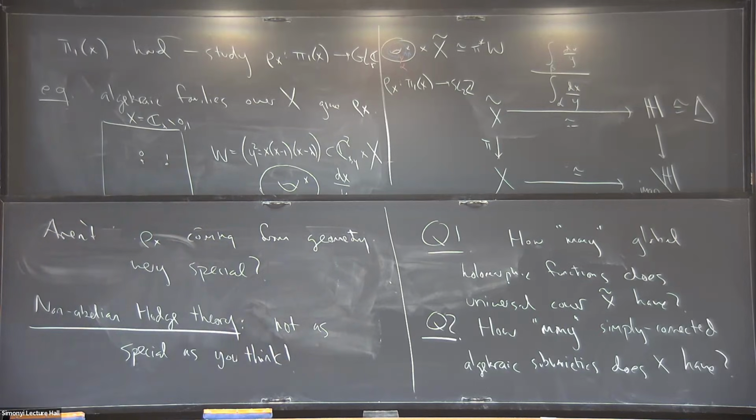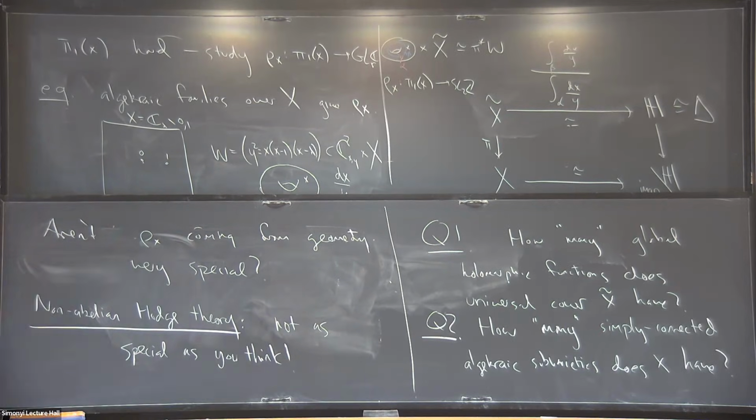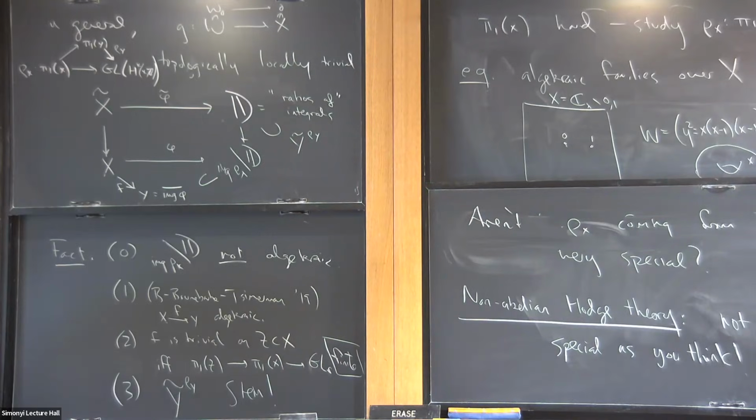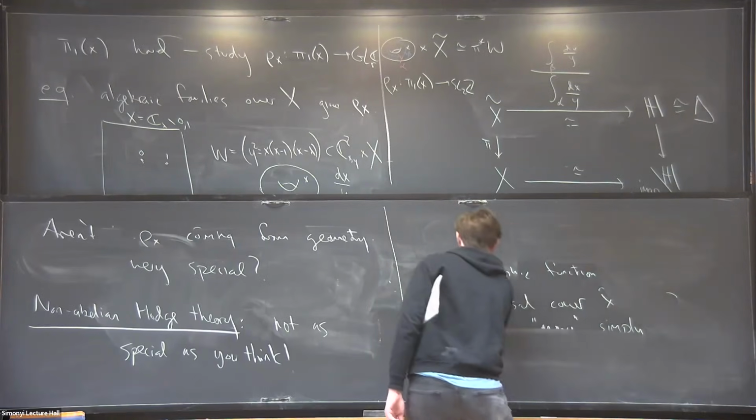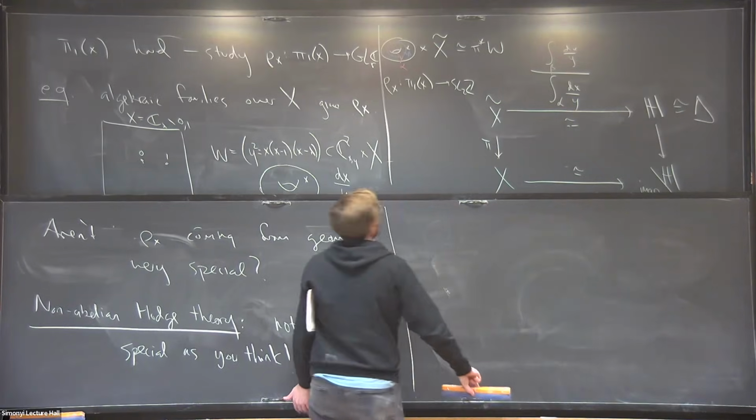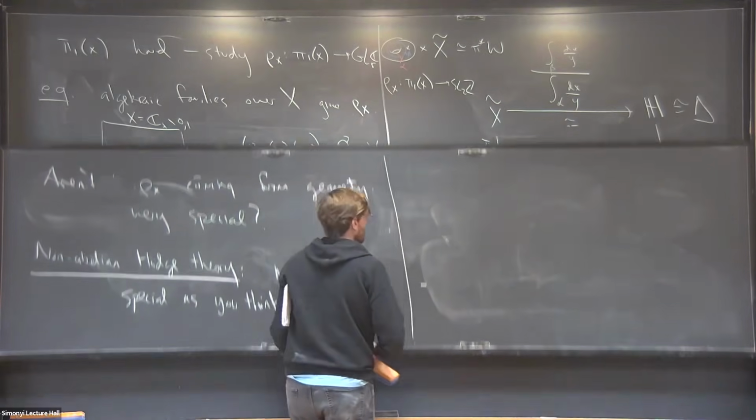Okay, and so let me state some theorems that basically say that this picture that I have here essentially holds for any representation, not just a representation coming from a family of algebraic varieties. It's actually better.